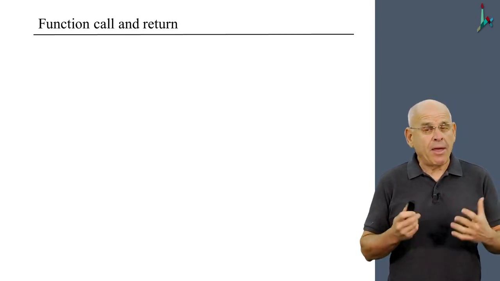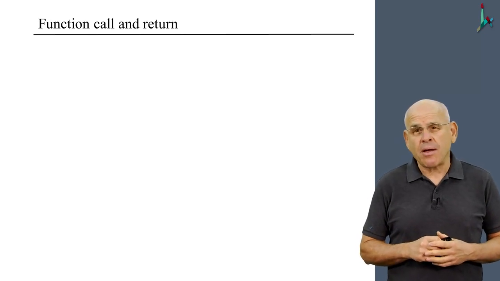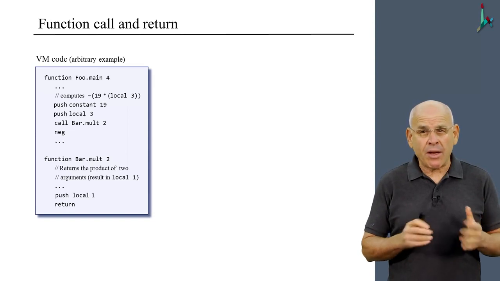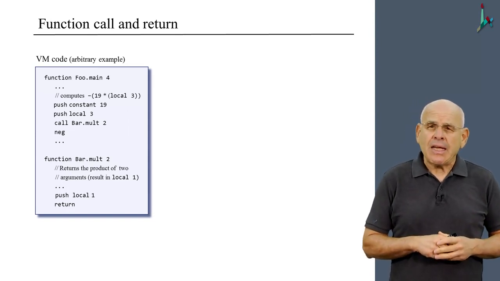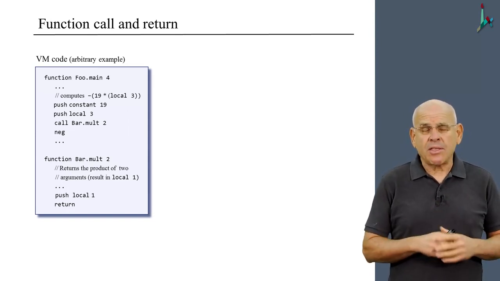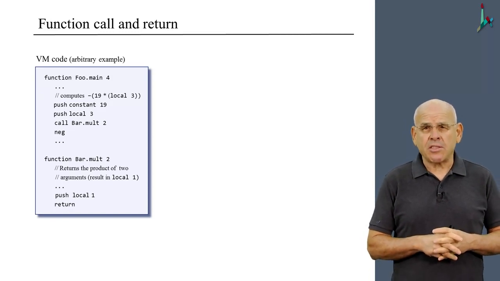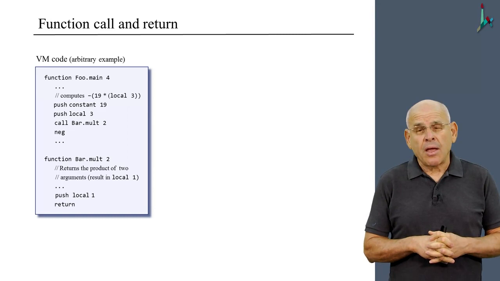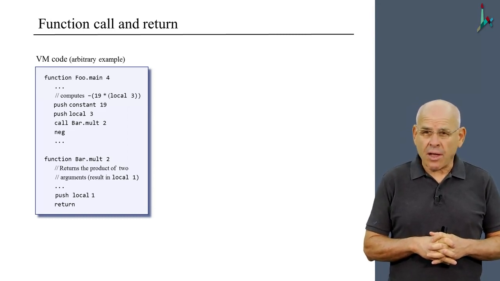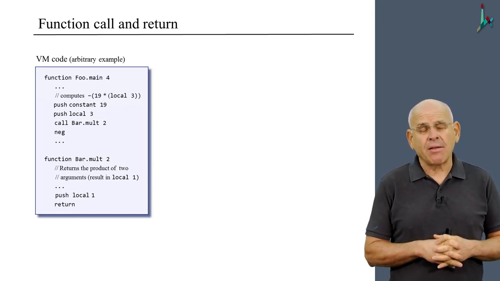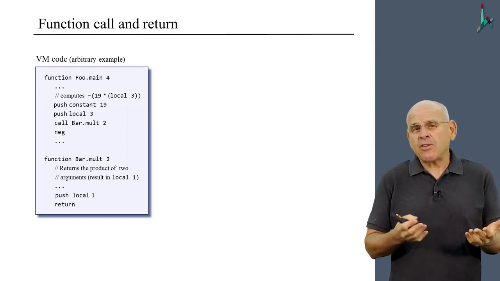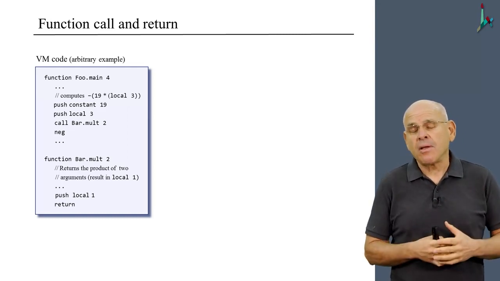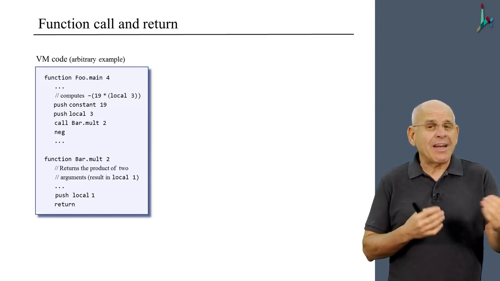Well, we begin with some VM code, which is quite arbitrary and uninteresting, and yet we're going to use it to illustrate a few things. So we have a function called foo.main and another function called bar.mult. And we assume that these functions come from presumably 2 different classes, right?